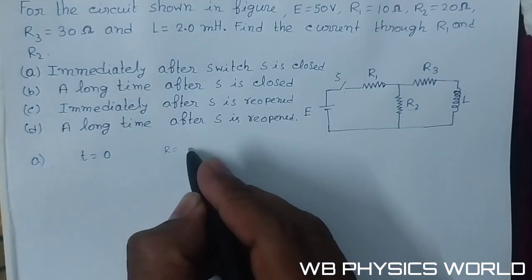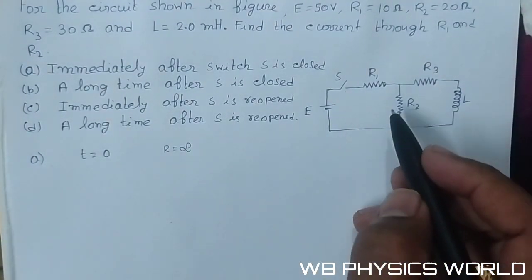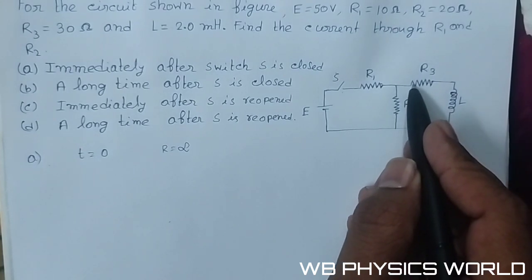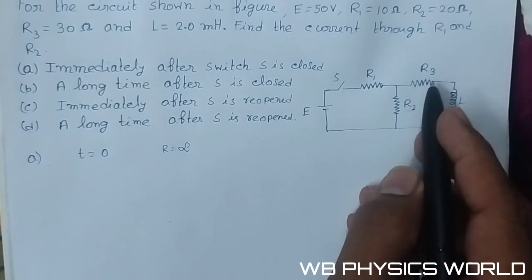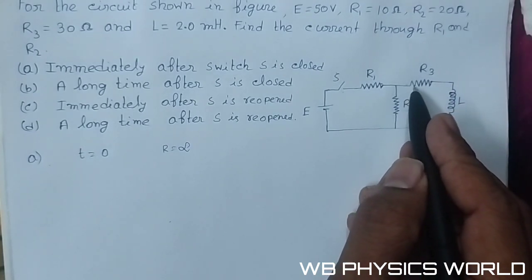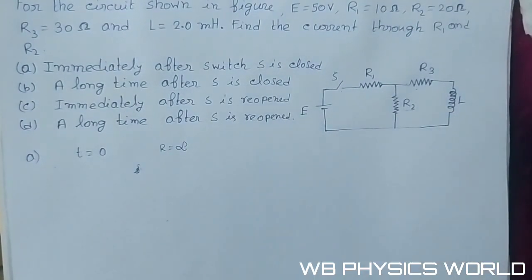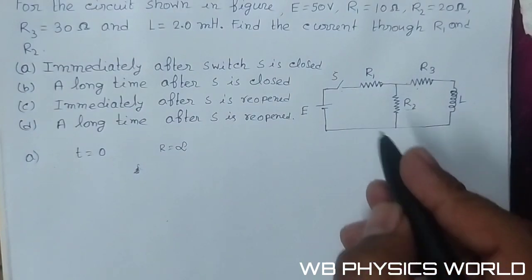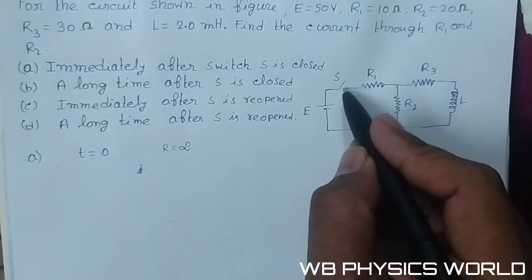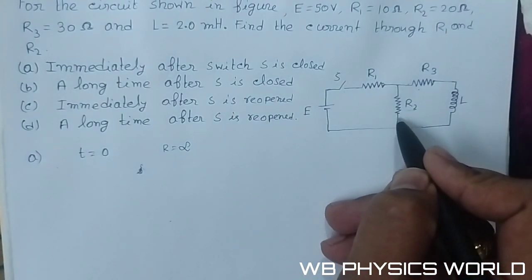So the current through the resistance R3 is 0. So the current will pass through R1 and R2.